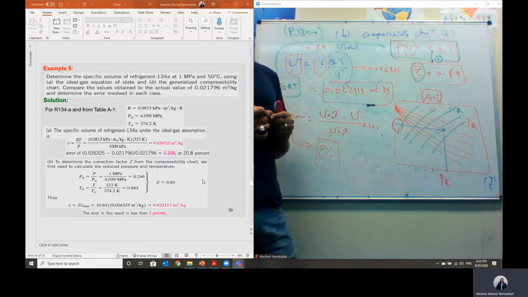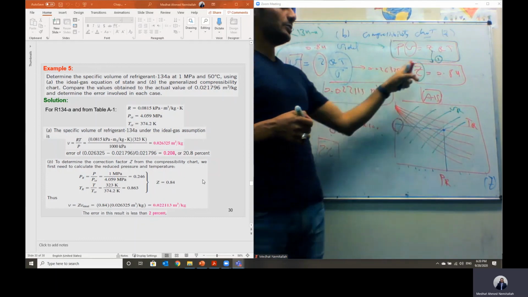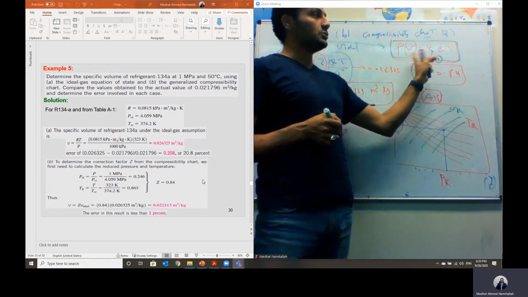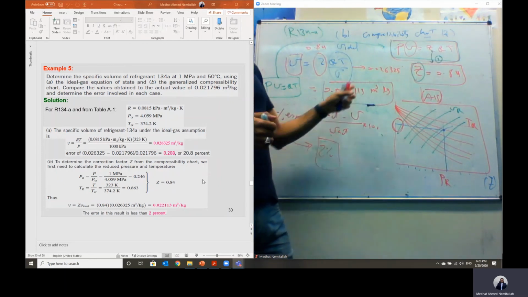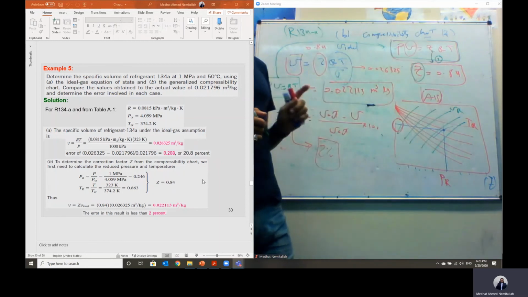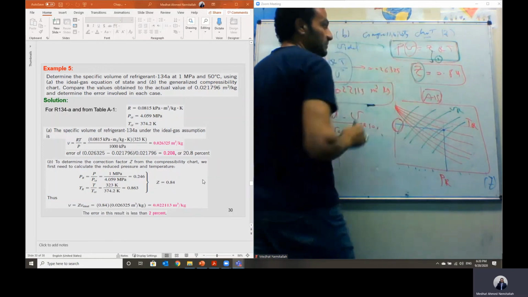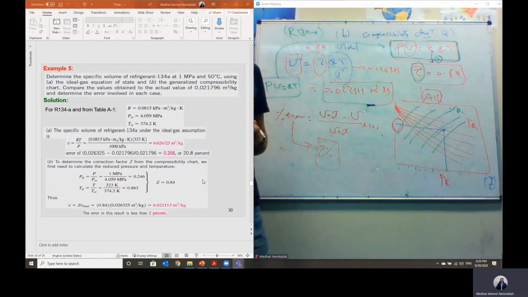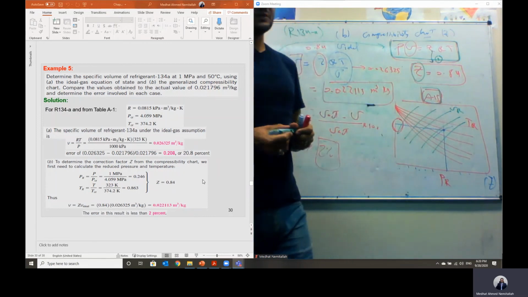So if the question asks about the status of the gas, most probably it is a real gas, because the value of Z should be greater than or less than 1. Anyway, I will be calculating Z and using Pv equal to ZRT throughout the problem, calculating Z using chart A-15.